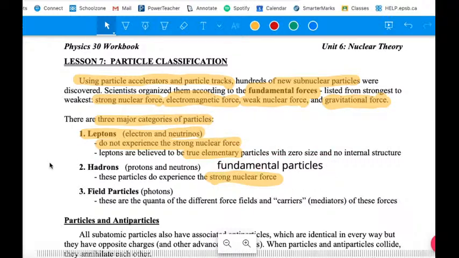There's something smaller than them. They can be broken down into smaller components, but these leptons, electrons, and neutrinos are not divisible. They are true elementary or fundamental particles with 0 size and no internal structure.